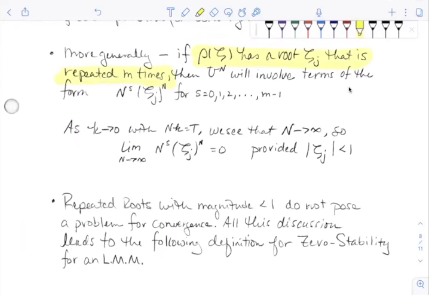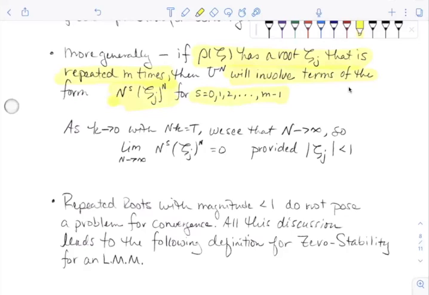U_n is going to involve terms of the form n to the power of s times zeta_j raised to the n, where s goes from 0 to m minus 1. That's just a product of when you have repetition in your difference equation. This is how you write down your linear combination of your general solution terms.